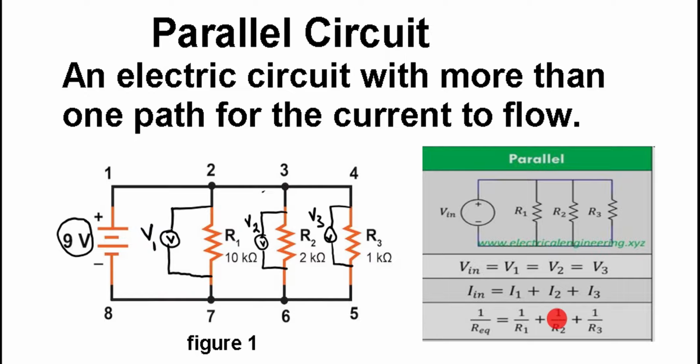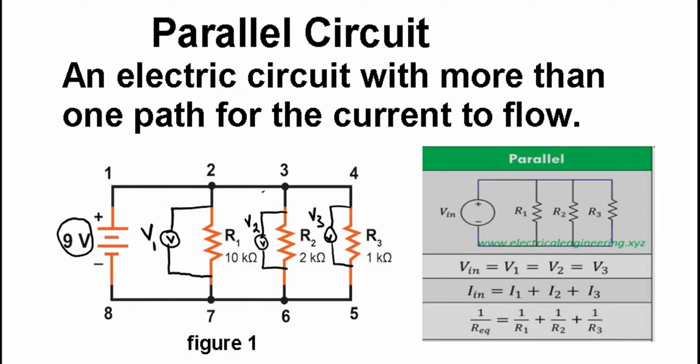It is 1 over R equivalent, or R total, or R effective, which is equal to 1 over R1, which is resistance 1, plus 1 over R2, which is resistance 2, plus 1 over R3, which is resistance 3. That is to say that to get the total resistance in this circuit, it has to be the summation of the reciprocals of the individual resistances in the circuit.